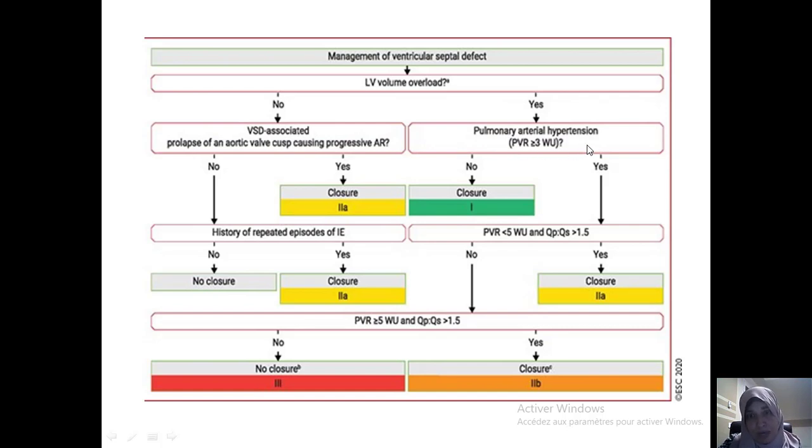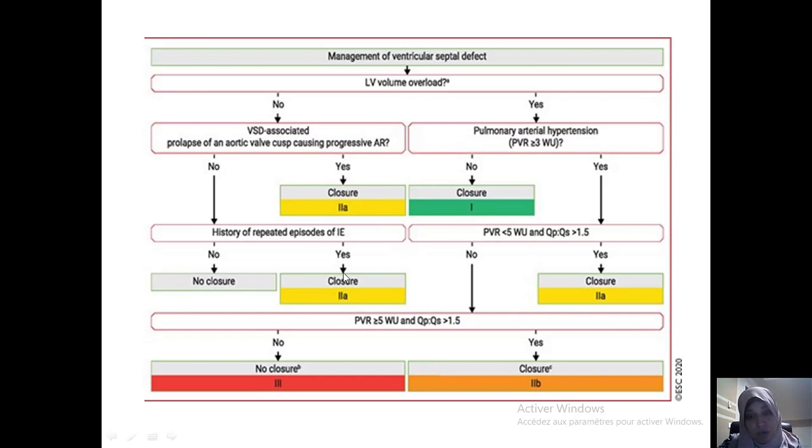If less than 3 Wood units, this is an indication for closure of the defect. If not, we should see if this pulmonary vascular resistance is less than 5 Wood units or more, etc.